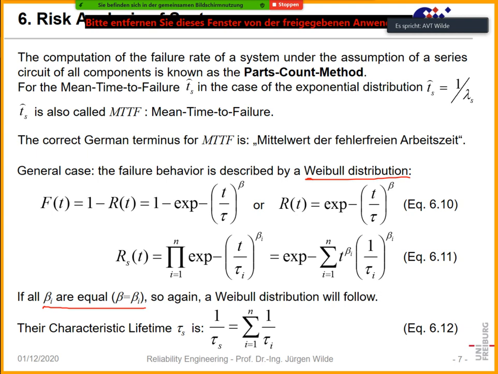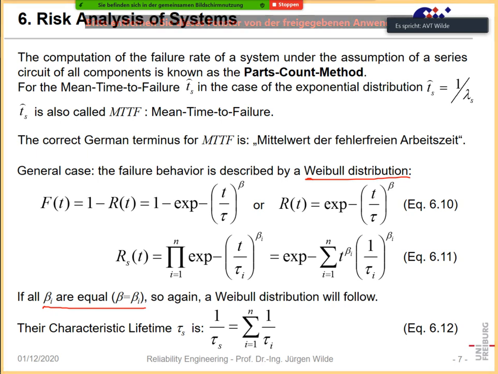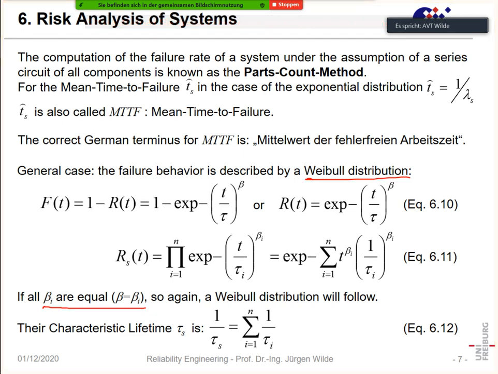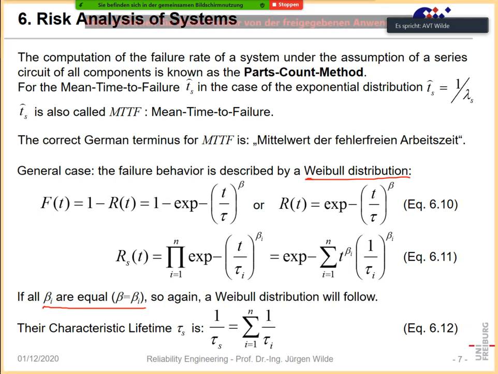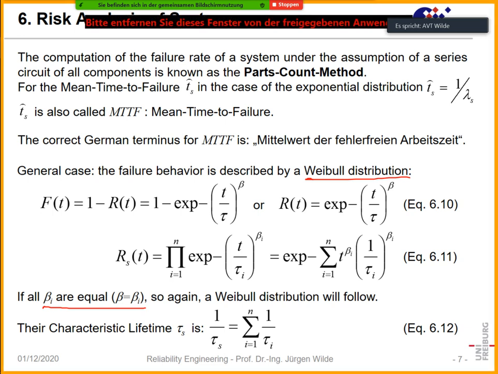Otherwise, you must say the Rs is the product of all of the individual complementary Weibull functions. And here you have to add up all of the t to the power of beta times 1 divided by tau to the power of beta. And that is quite complex because you have to know all of the beta.